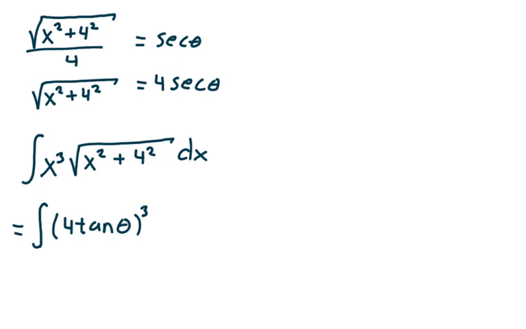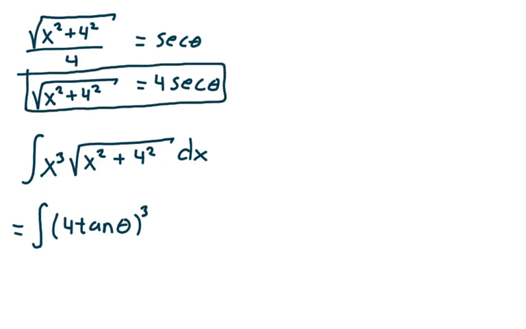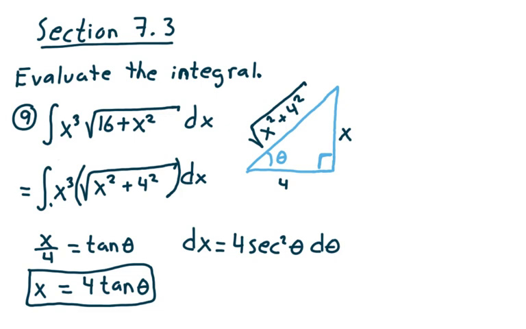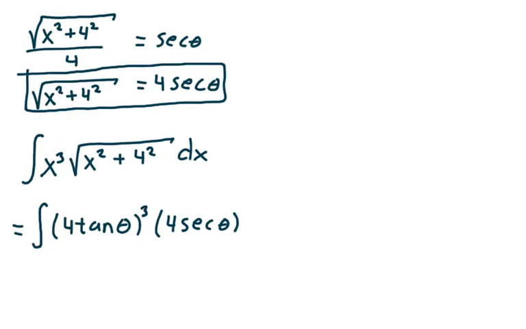The square root of x squared plus 4 squared is 4 secant theta, so I'm going to multiply by 4 secant theta, just like this. Let's go back. dx is 4 secant squared theta d theta, right here.